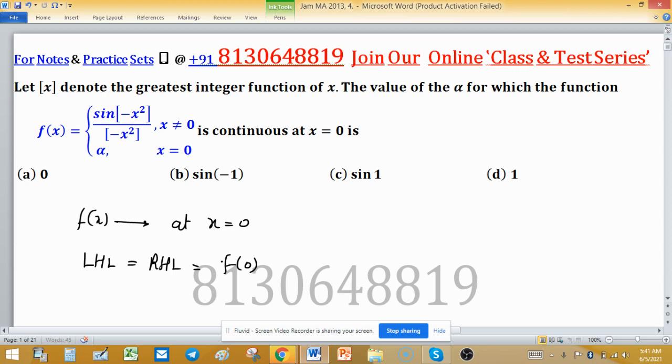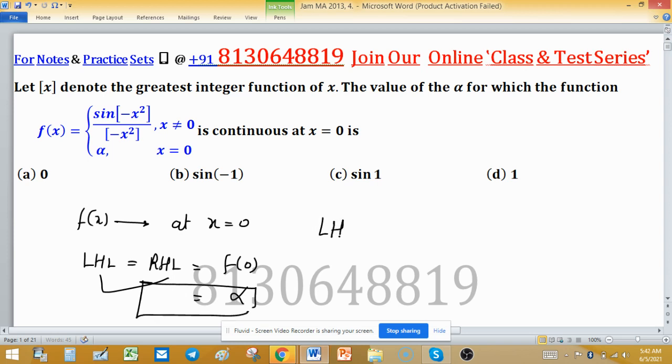So if we can find one of the limits, or both, then we can easily find the value of alpha, because f(0) is alpha. Either LHL or RHL, we can find, and then we will know the value of alpha.